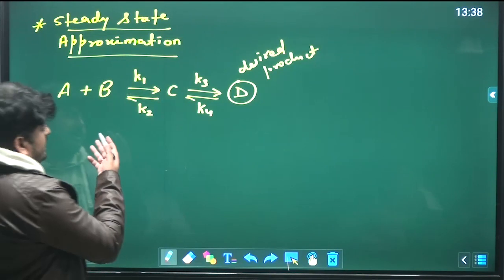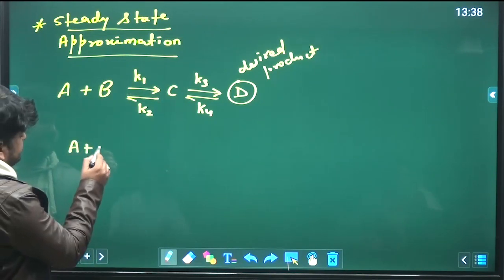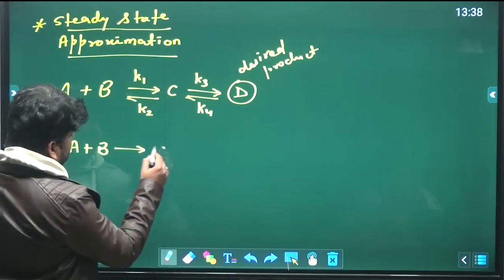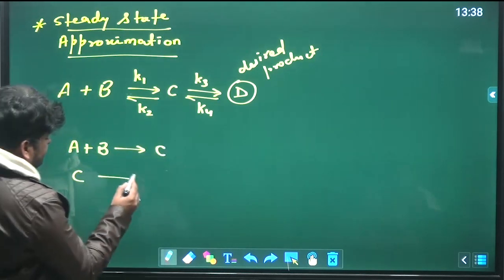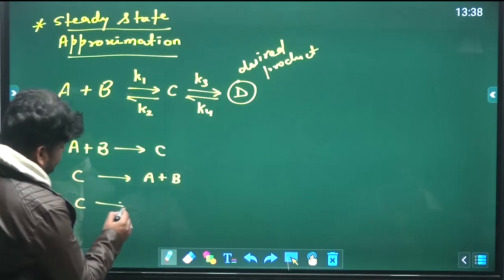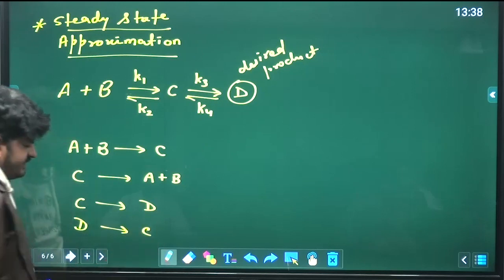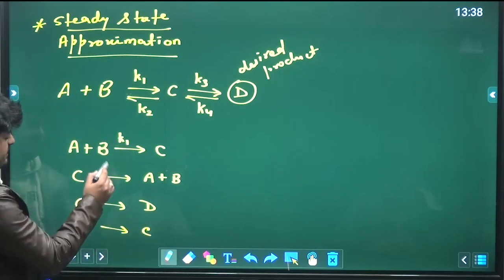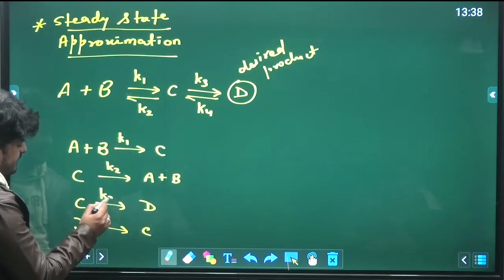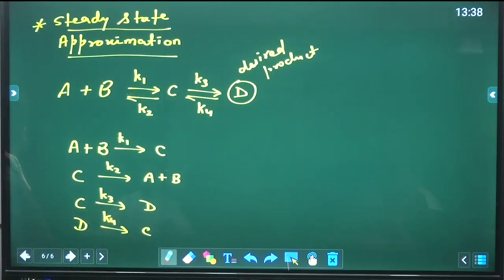If you try to write this separately, you can also write it as A plus B gives C, C gives A plus B, C gives D. Here this is K1, K2, K3 and K4. You can write it this way also, no problem. Is it clear to everyone?